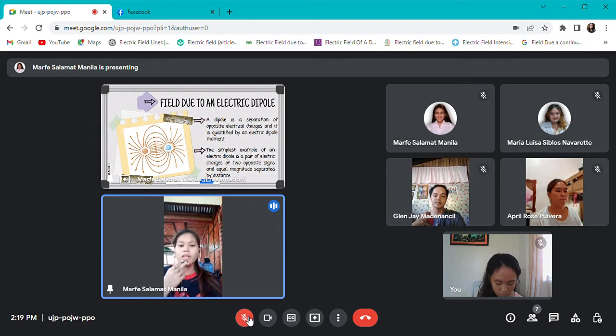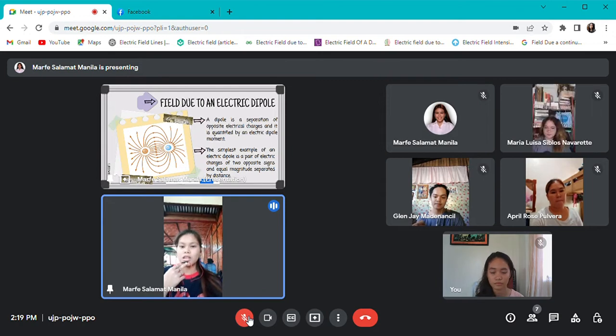A dipole is a configuration of two charges with the same magnitude but different polarities that are separated apart by a certain amount. A dipole is made up of two charges that are equally spaced and opposed to one another. The electric field strength it produces far away is inversely proportional to the distance and proportional to the dipole moment.